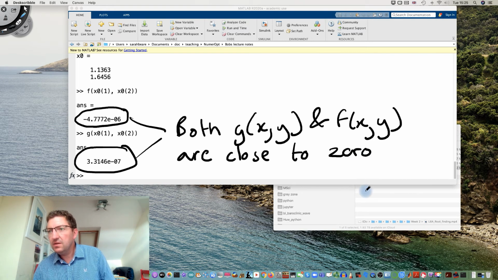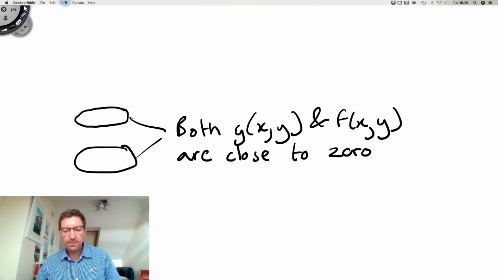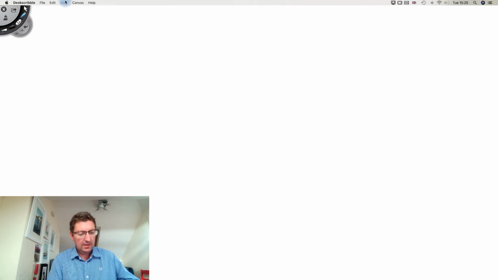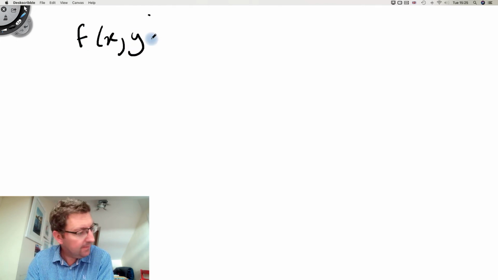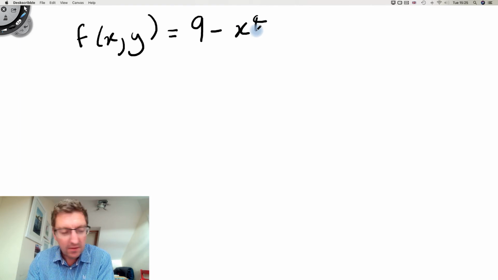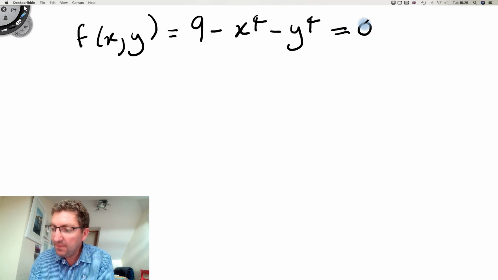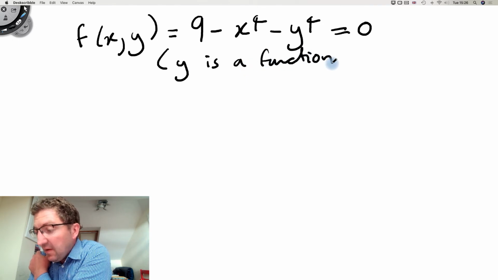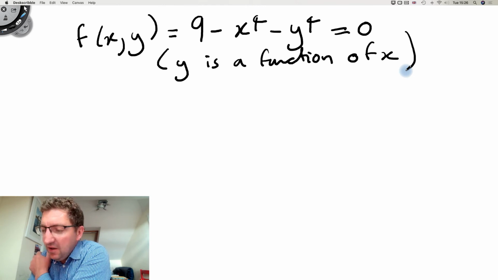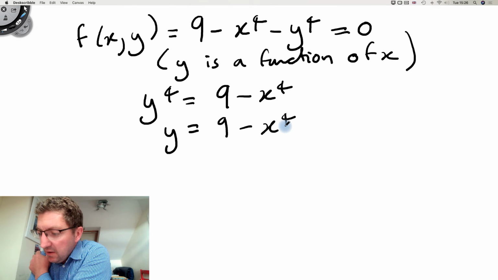Now if we just go over to the board just to finish this off, in this example, if we put f of x of y, which is 9 minus x to the 4 minus y to the 4, and we set it to 0, this means that y is now a function of x, because we can rearrange it, i.e. y to the 4 equals 9 minus x to the 4, or y equals 9 minus x to the 4, all to the quarter.